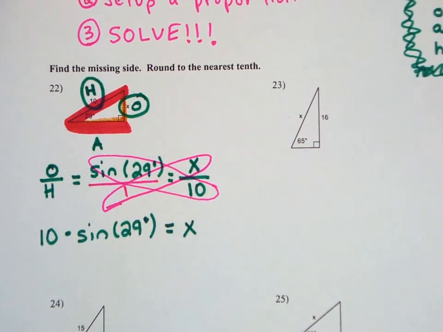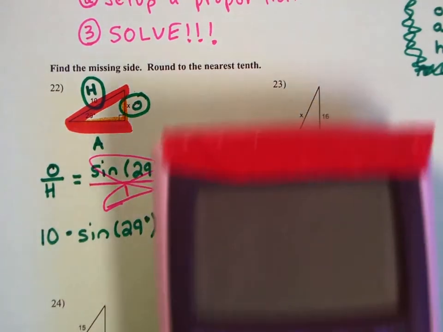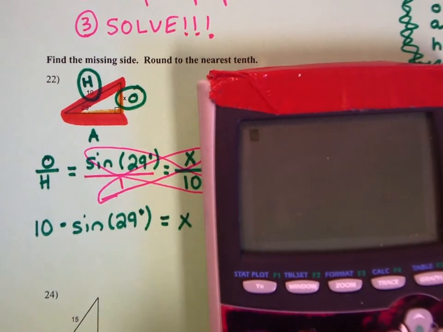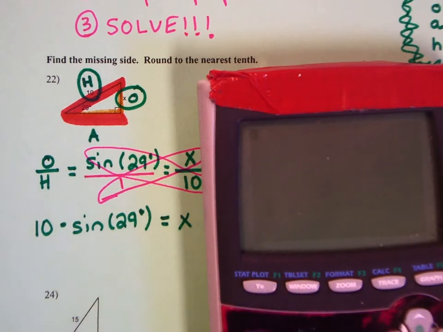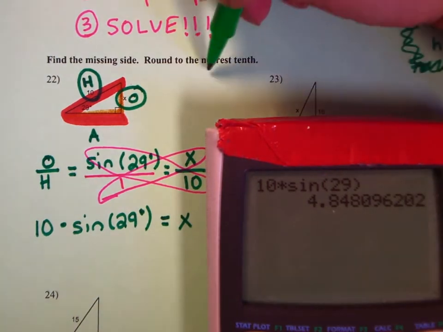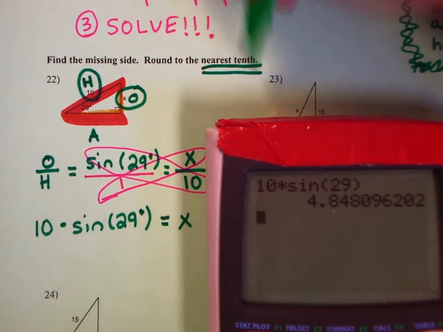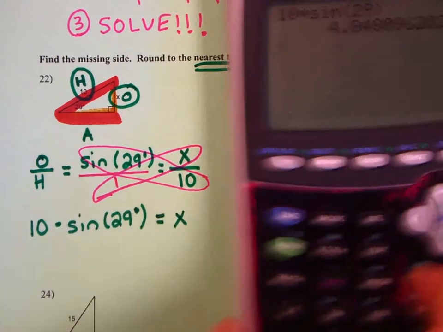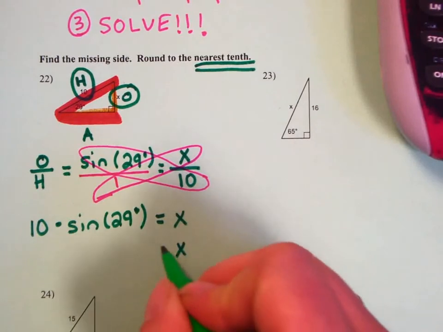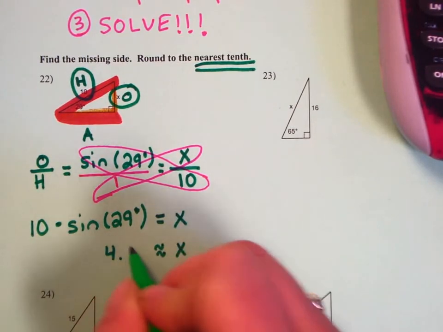Make sure you're in degree mode. So you need degrees highlighted. You need to punch this in your calculator. You have 10 times the sine of 29 degrees. And we are asked to round to the nearest tenth. So that's how many decimal places? 1. So we get 4.8. So x is approximately 4.8.